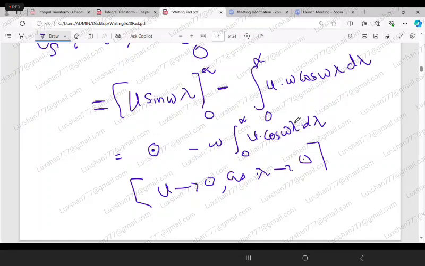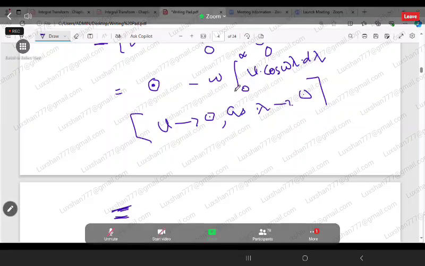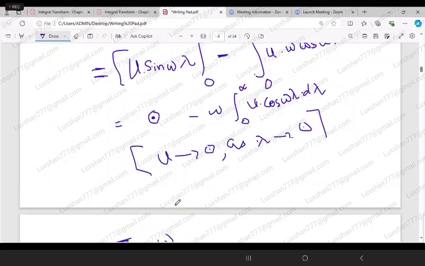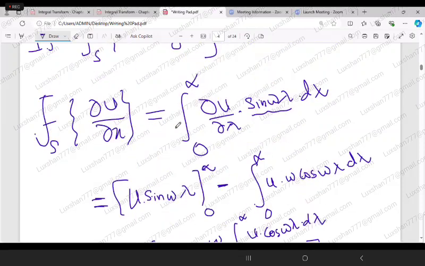Now what shall we do? How to find the derivative of this one? You can put it like minus ω. Okay, let's talk about the second derivative.